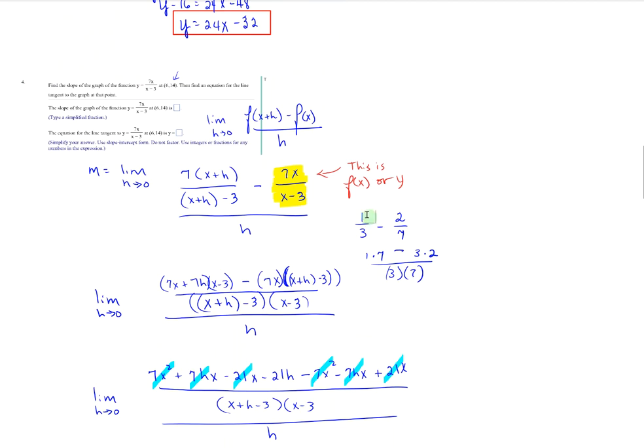All right, find the slope of this function at (6, 14). So again, we're plugging in x plus h for x.